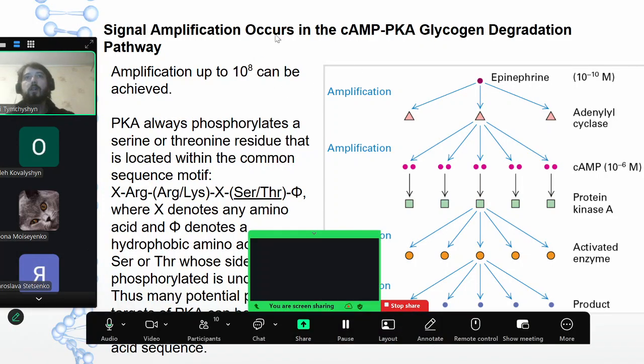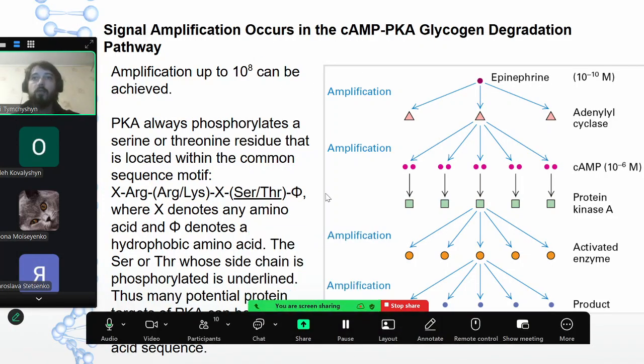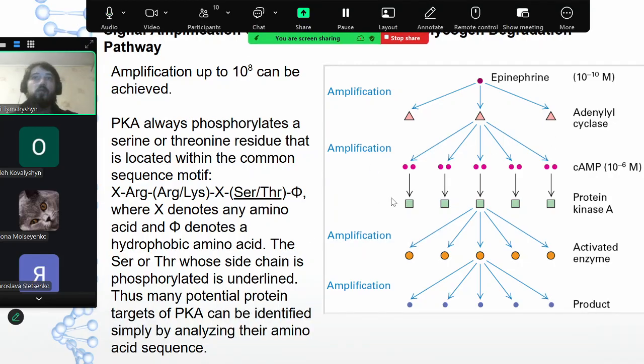Here we see the reason for having all those second messengers and so on. In the previous lecture, as I remember, someone correctly answered this question and told me that amplification is the correct word. So why do we need all that? Here you see how that amplification works. We have some epinephrine, concentration pretty low, 10 to the minus 10 moles per liter.